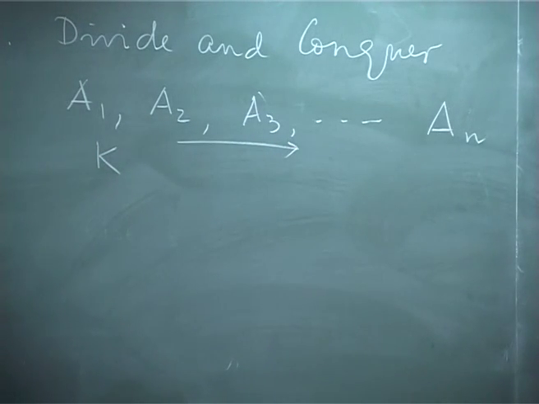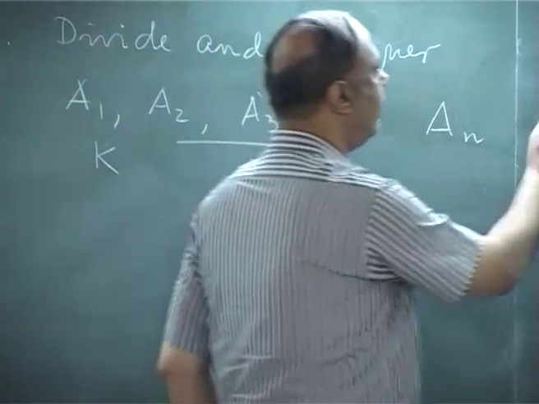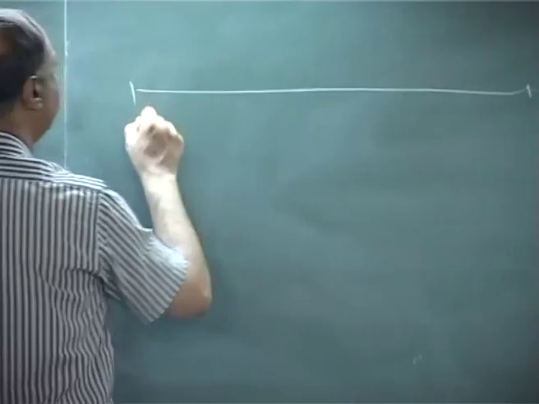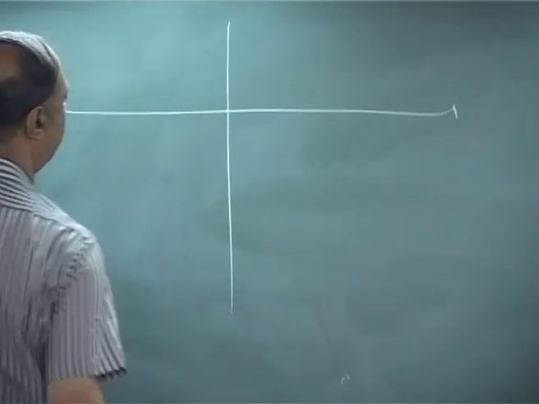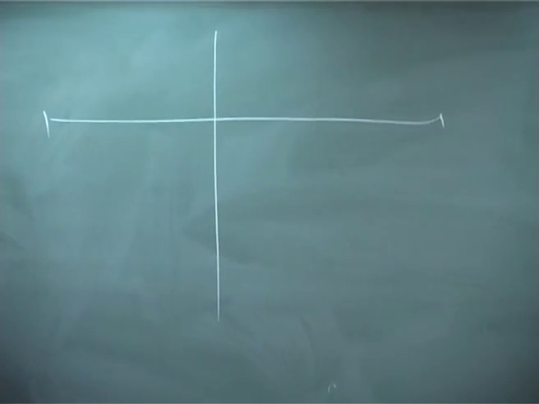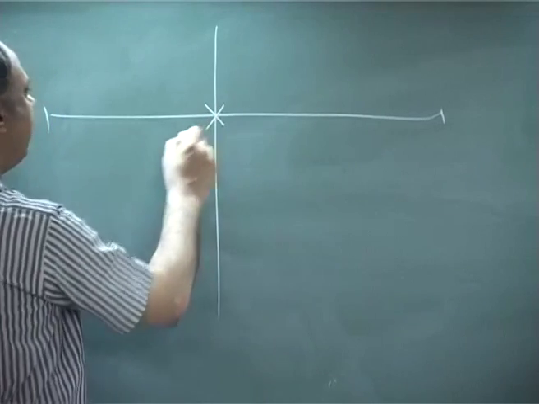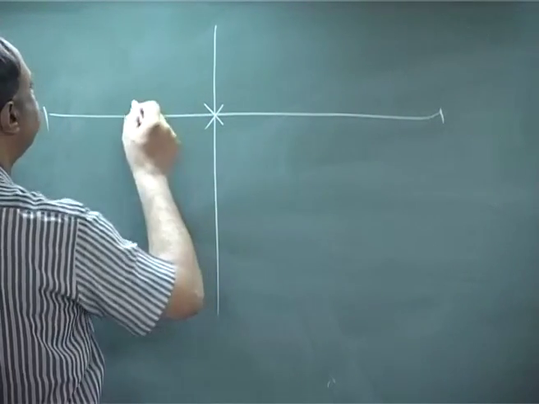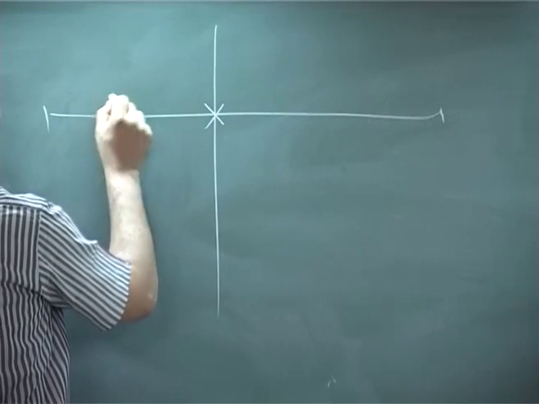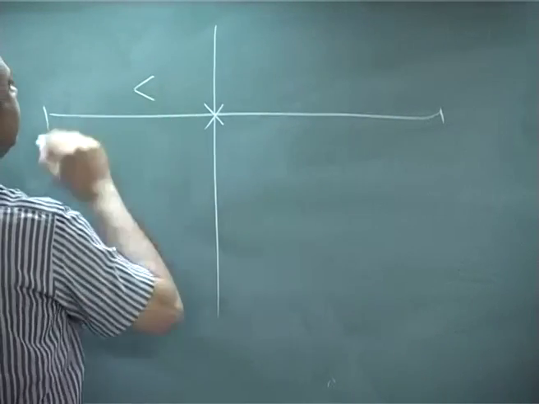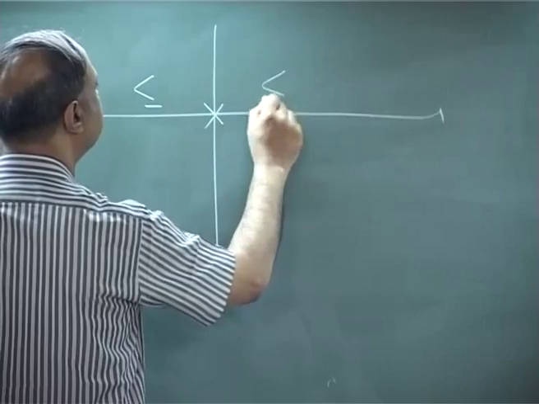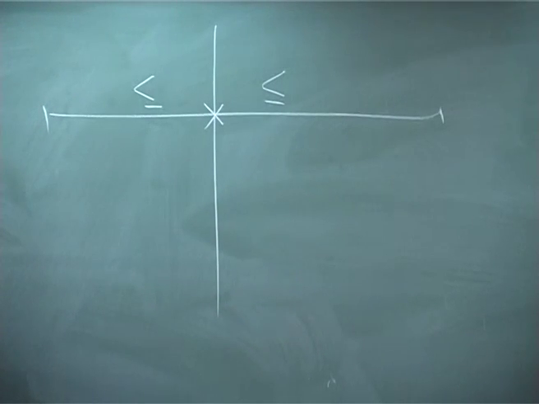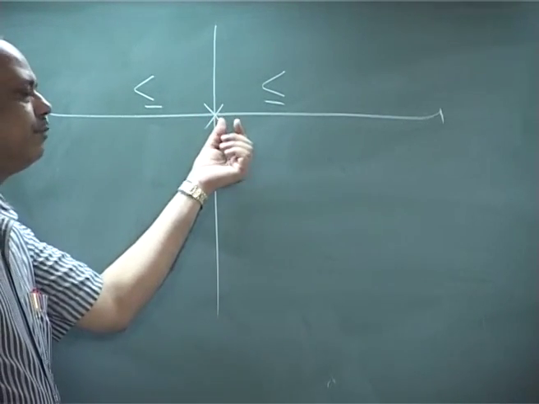Now in the case of binary search, what do we do? We compare the k with the middle element. It has the property that if it is in increasing order, then this element is less than or equal to this, and so on. So we will be comparing the middle element with the k.